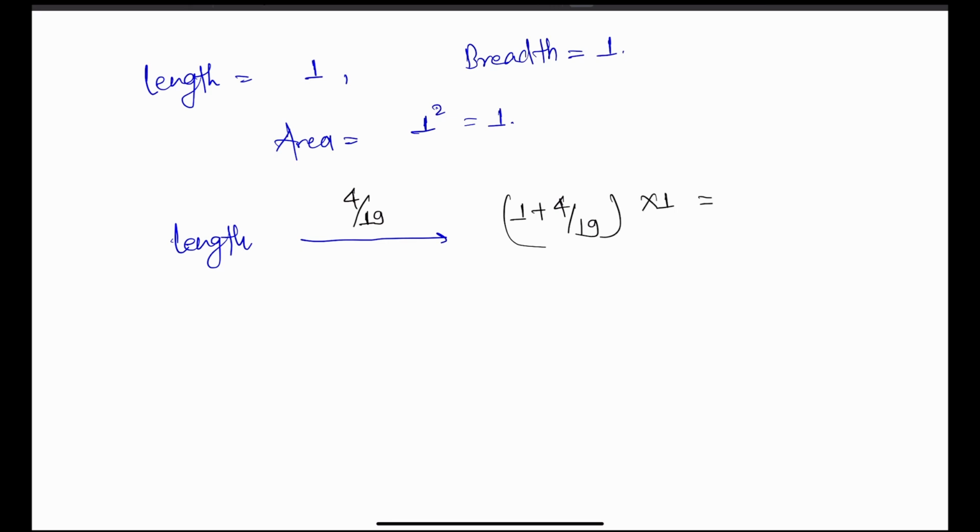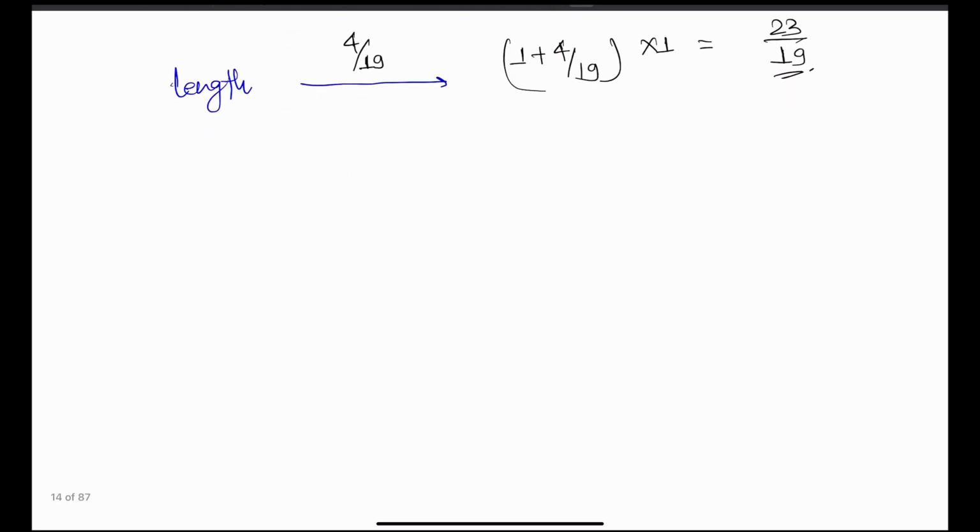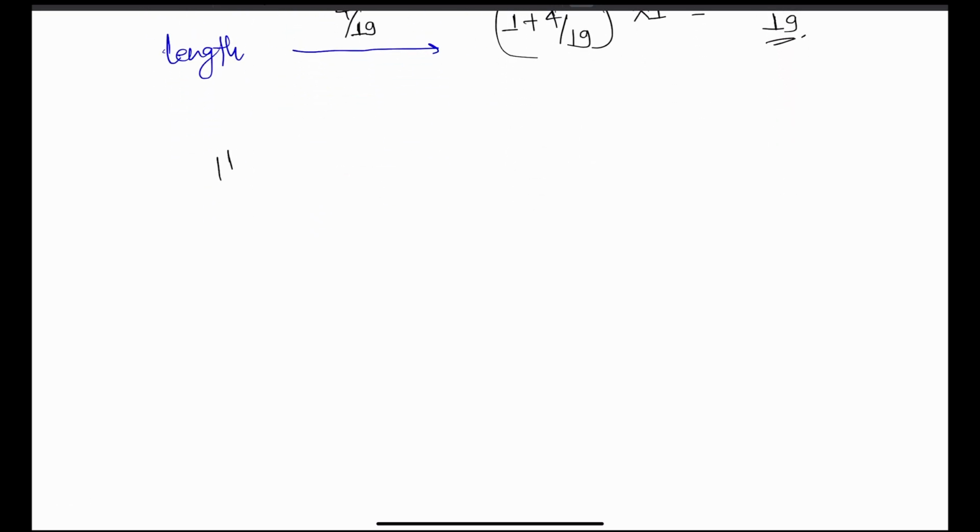This will be our multiplication factor. This is nothing but 23 by 19. So the new length is 23 by 19. The new length into the new breadth should also be the same area, which is 1.